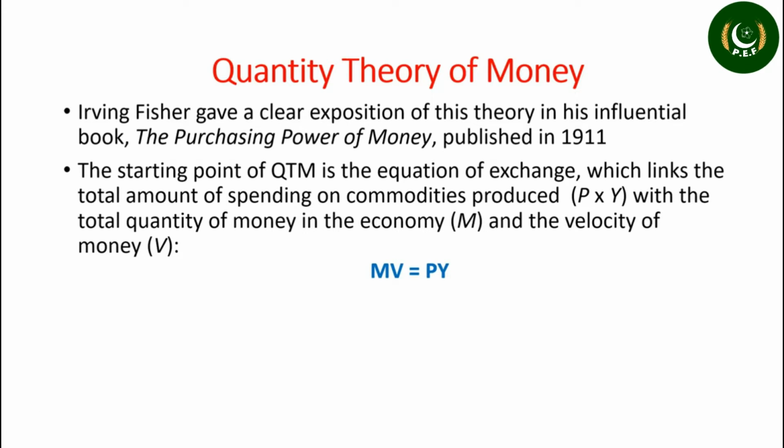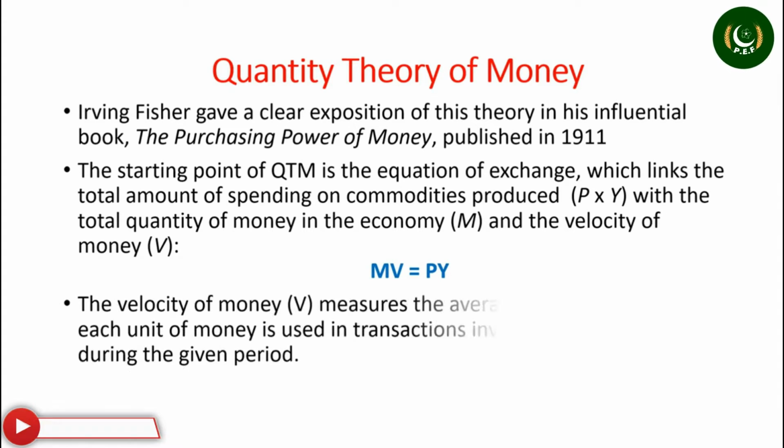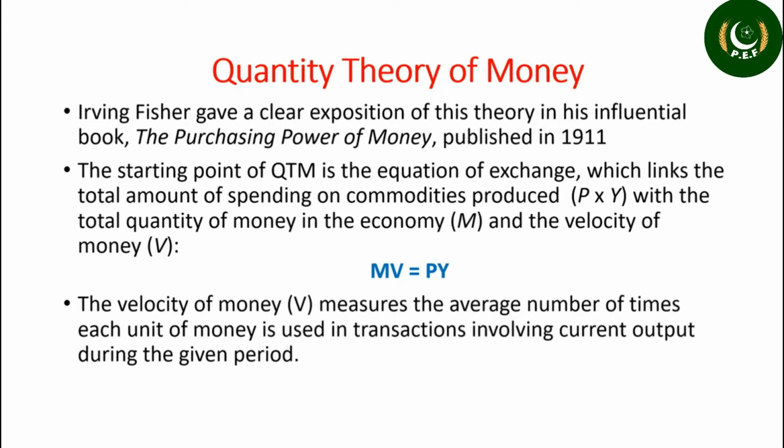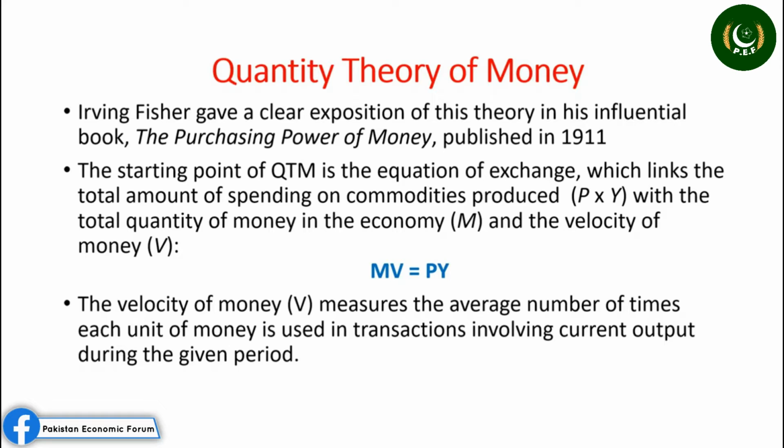Therefore, we have the velocity of money. V measures the average number of times each unit of money is used in transactions involving current output during the given period.